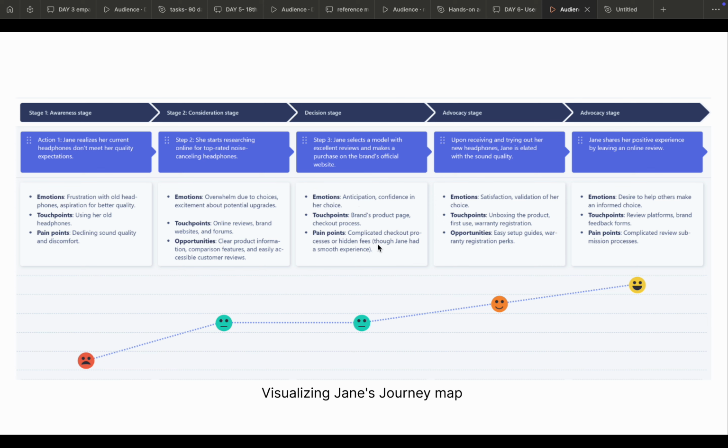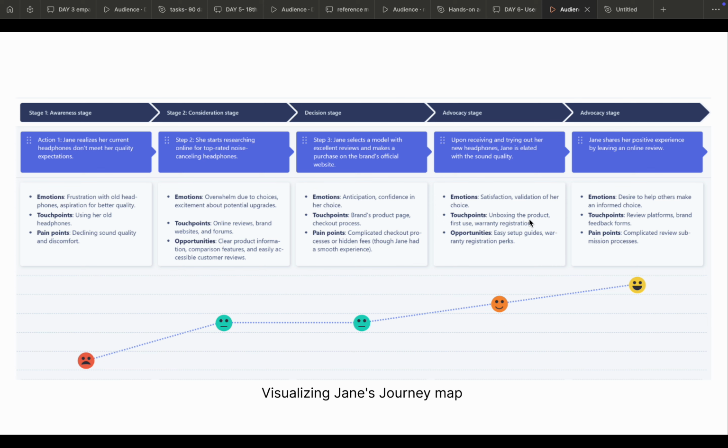So the checkout process which she has seen is a bit complicated and there are hidden fees. Even though there is hidden fees, still she had a smoother experience. So her experience is neutral. It's not very bad or very good. It's just neutral.